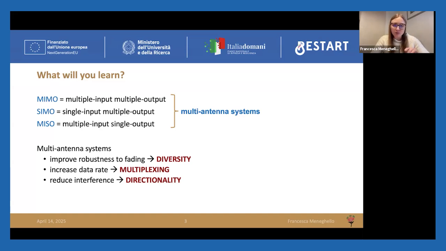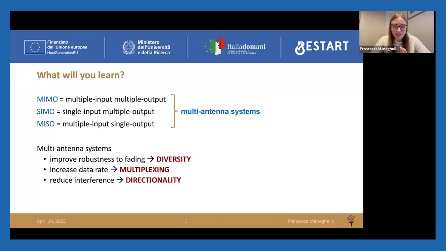Actually, in this tutorial, we will focus on the first 2 gains, so the diversity gain and the multiplexing gain, because we will focus on the sub-6 portion of the radio spectrum where Wi-Fi networks operate, while directionality is mostly used in the millimeter wave portion of the radio spectrum to create beamforming, so to focus the transmitted power toward a specific direction or receive the power through a specific direction.